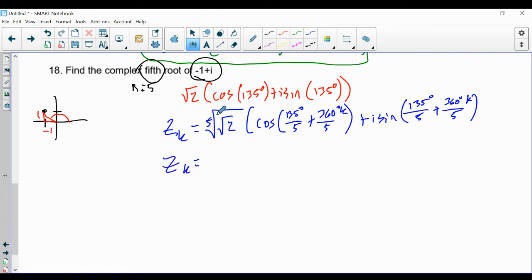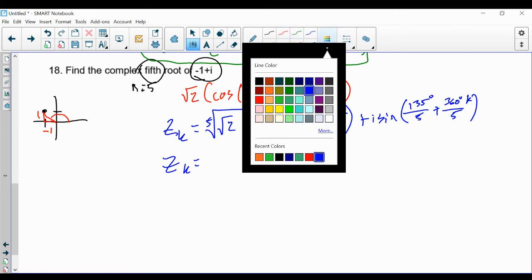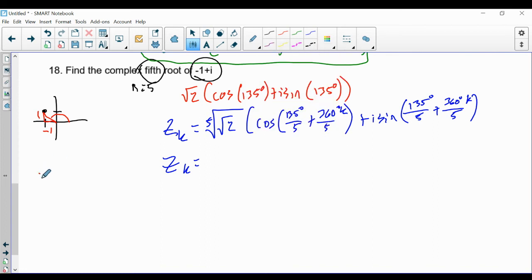Now, when you have a nested root like this, there's a little shortcut, but I'll show you the full steps. So if you have the 5th root of the square root of 2, another way we can write this is 2 to the 1/2, that would be the square root, and then to the 1/5, which would be the 5th root. Power to a power means you multiply.